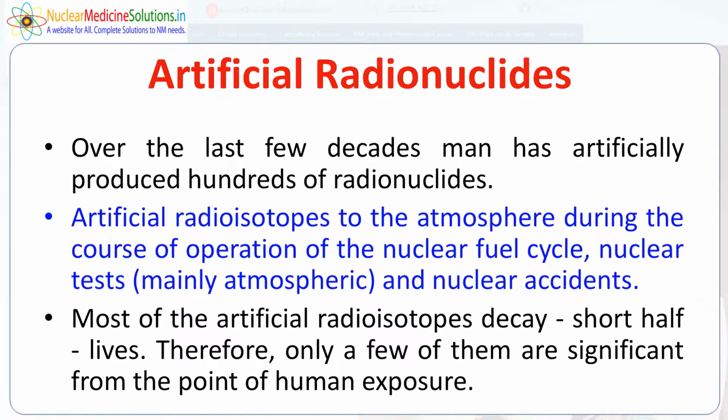These artificial radioisotopes are released to the atmosphere during the course of operation of the nuclear fuel cycle, nuclear tests and nuclear accidents. Most of the artificial radioisotopes decay, having short half-lives. Therefore, only a few of them are significant from the point of view of human exposure.